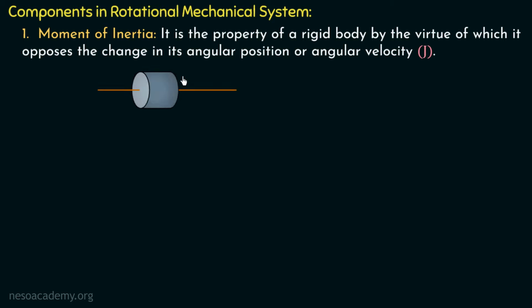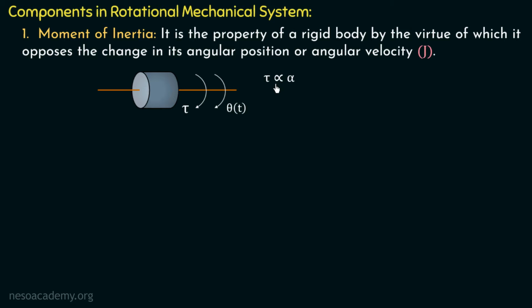Suppose this is a rigid body and we are applying a torque tau in order to rotate this body about this axis. Suppose this body rotates through an angular displacement theta(t). Then in that case, due to the presence of moment of inertia, this rigid body will oppose the change in its angular position, and that opposing force will be directly proportional to the angular acceleration of this body. So we can write tau is directly proportional to alpha, where alpha is the angular acceleration caused in this rigid body due to the application of torque tau.